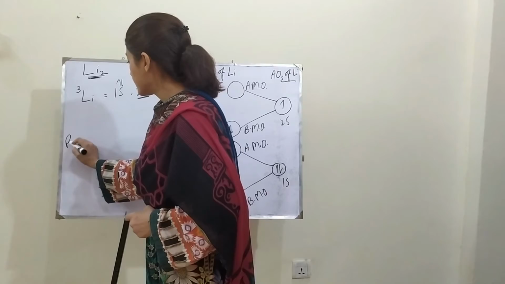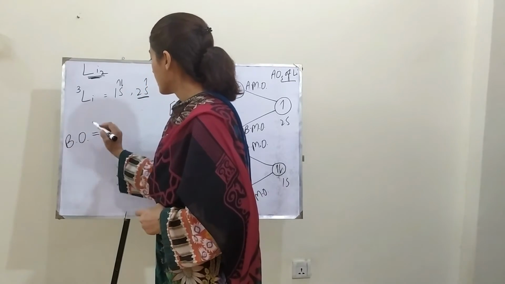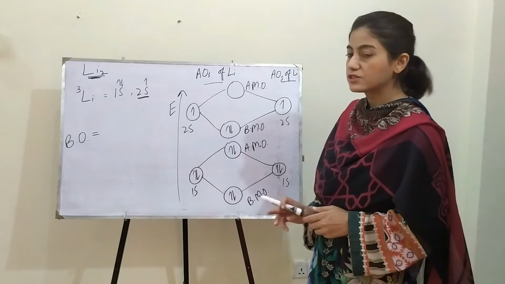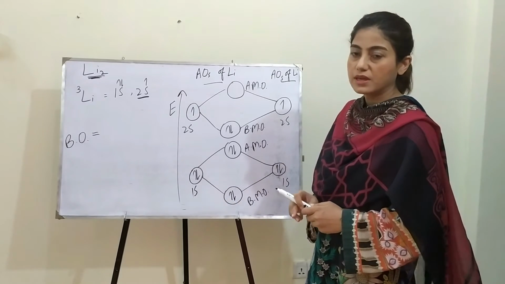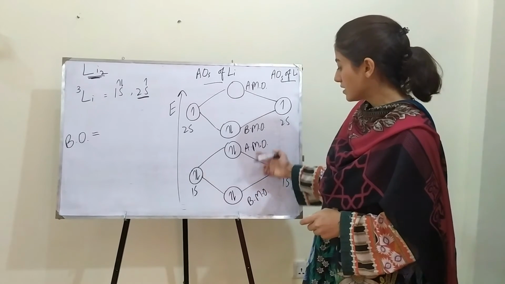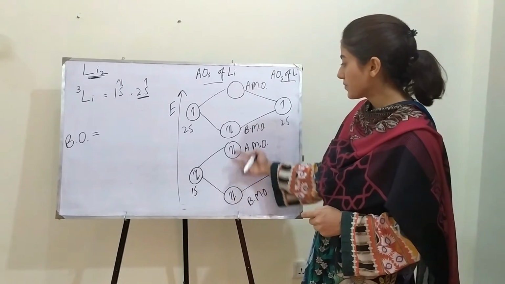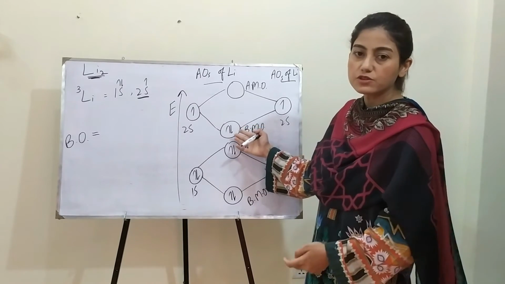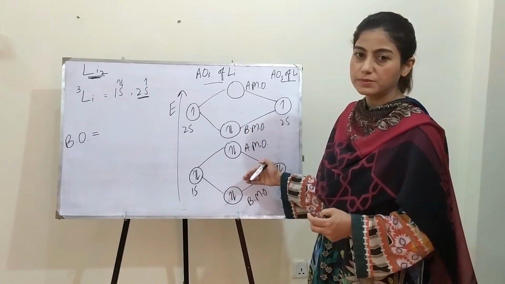Now move towards its bond order. So just calculate now the number of electrons in bonding molecular orbitals. Then here there are 2 electrons and also 2 electrons. You have to calculate the number of electrons in all the bonding molecular orbitals.